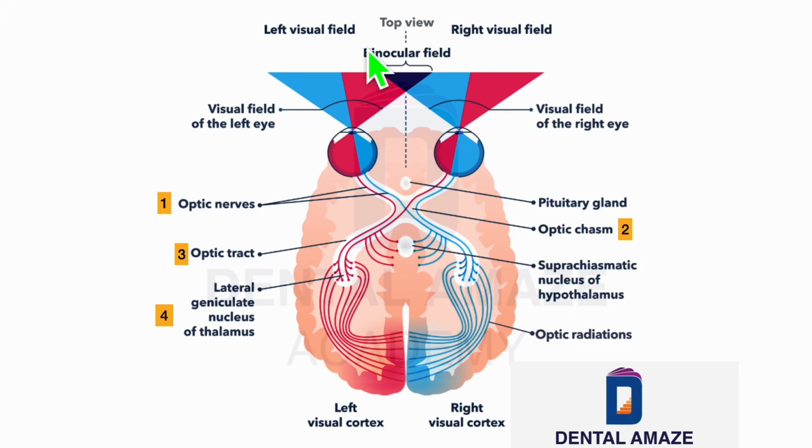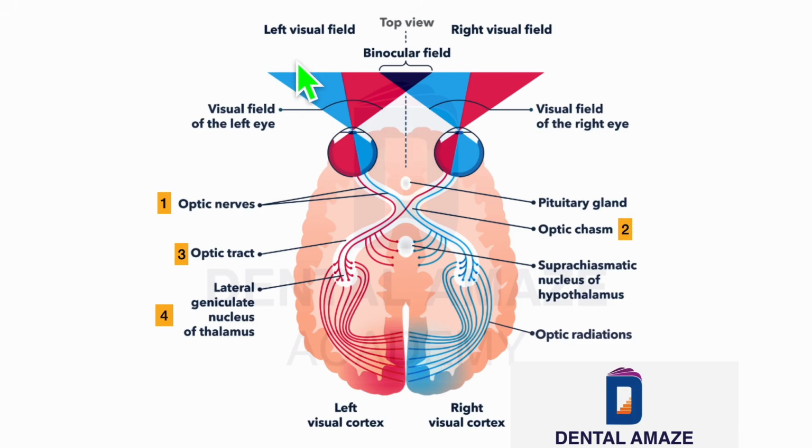Now I don't want to complicate this by using lots of terminologies here. Let's see the image formation here, and try to remember it in this way only. Something you see on the left side of your face. Just imagine in this way: you're looking and seeing something here. The light enters your eye, so this is your temporal side.